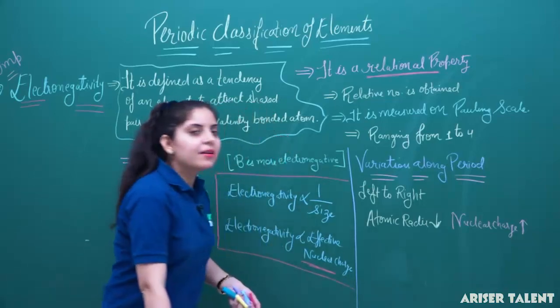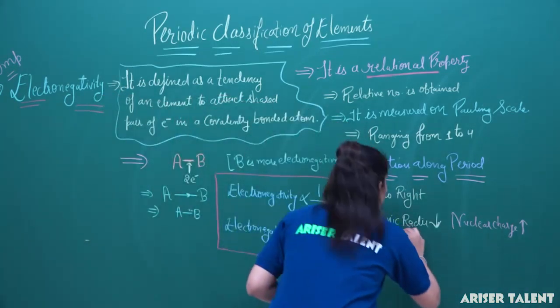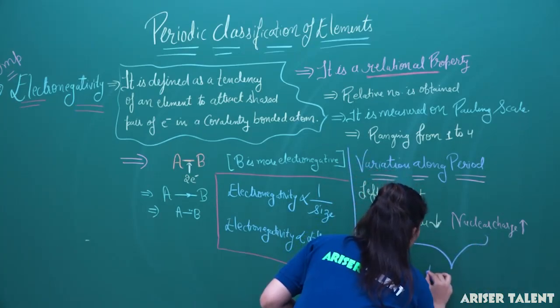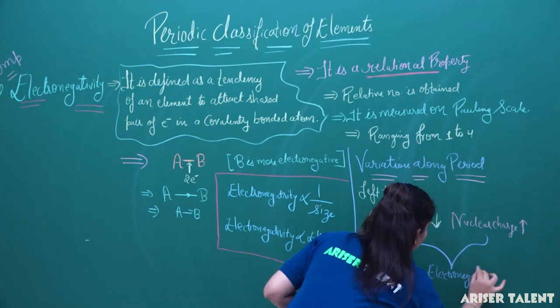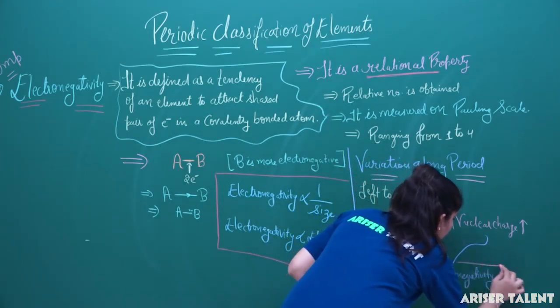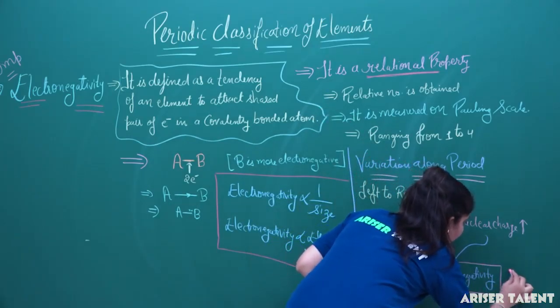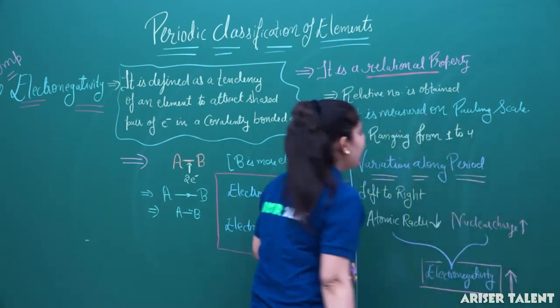If nuclear charge increases, we can say that electronegativity is going to increase. So both of these will lead to increased electronegativity. Now what will happen here?